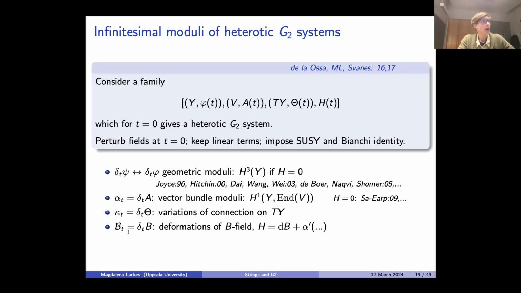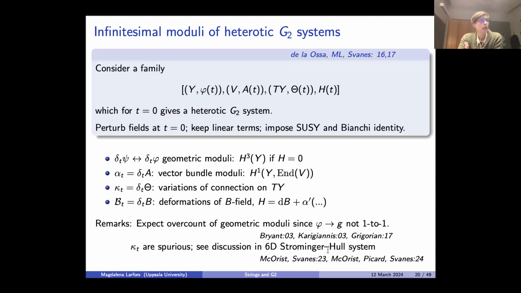And then we have H. H was defined from the exterior derivative of the B field, and Chern-Simons terms coming from these two connections. So the degree of freedom that we should vary there is the B field. So this is something that we should include.